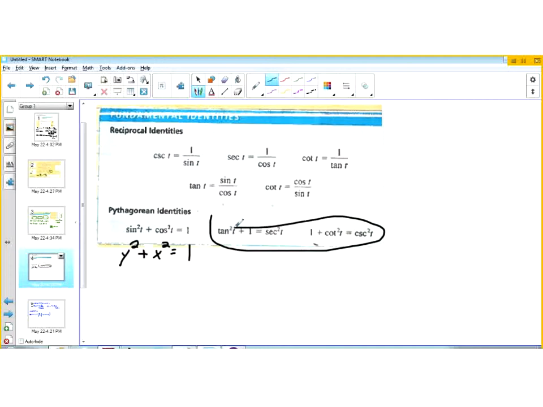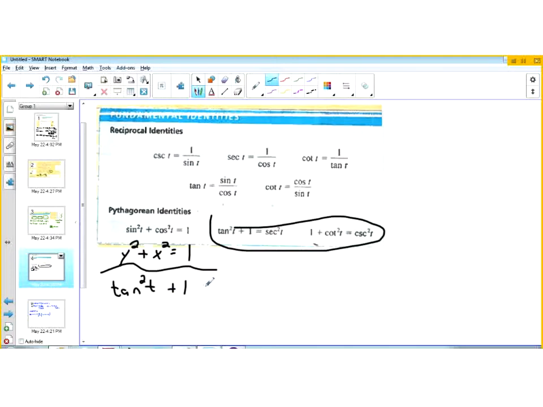Now these we have to work at a little bit, so I can show you how those are derived. They come from using the reciprocal identity. So let's show that tan squared t plus 1 is equal to secant squared t.